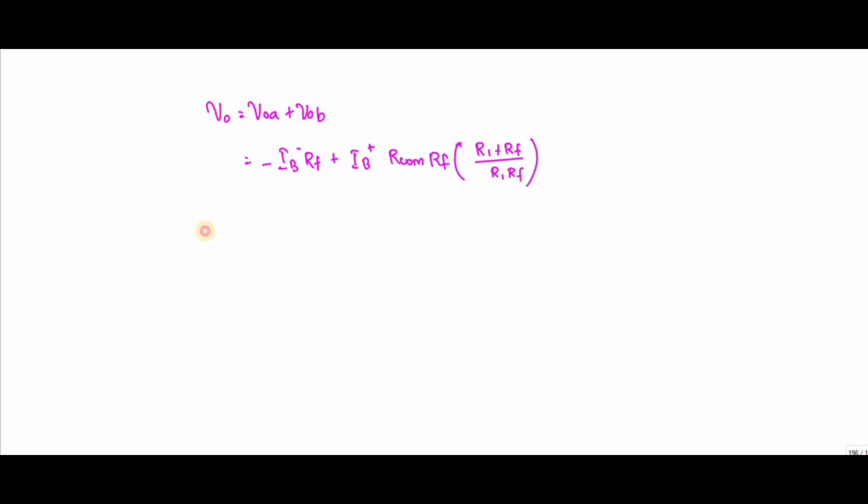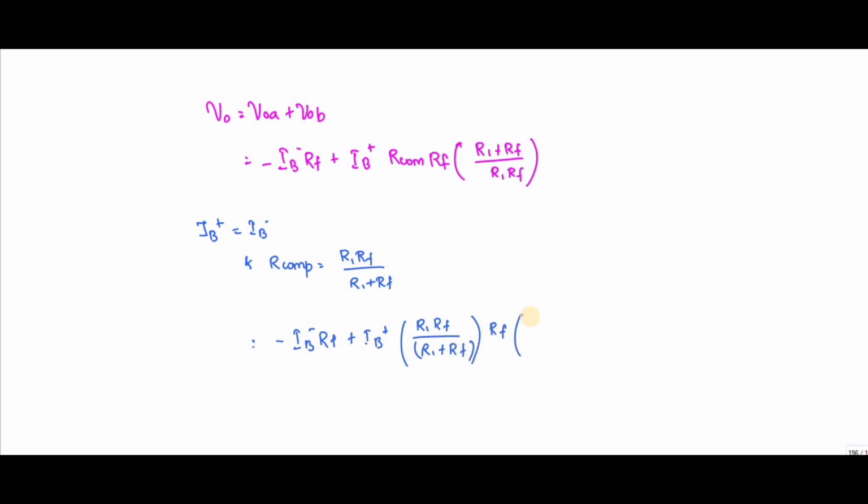Okay. Suppose I consider IB plus is equal to IB minus, and RCOM value is equal to R1 RF by R1 plus RF. So what will happen? This is IB minus RF plus IB into R1 RF divided by R1 plus RF into R1 plus RF divided by R1 RF.